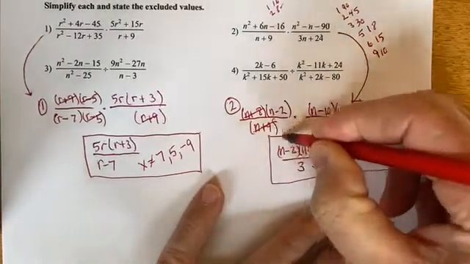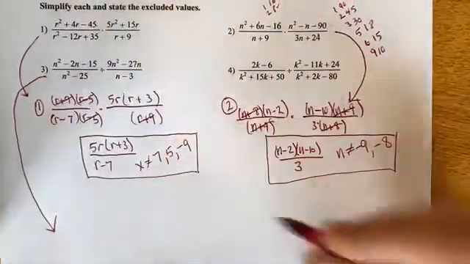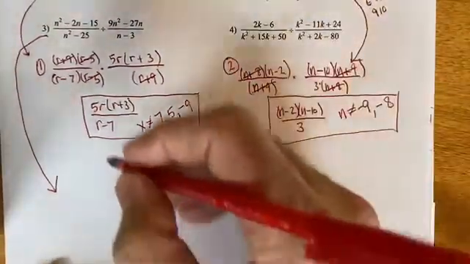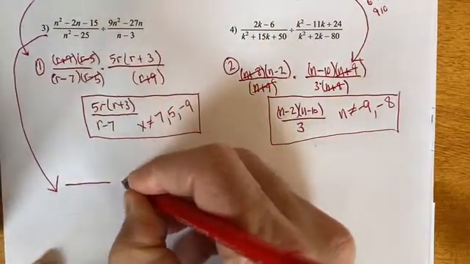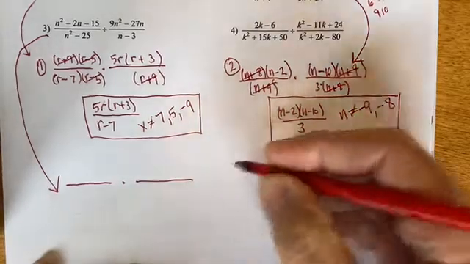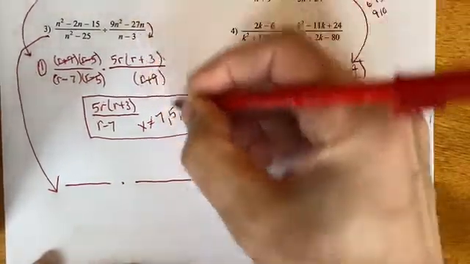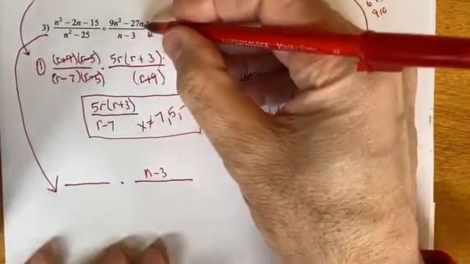Okay, let's do number 3, and I'll do it right there. We're dividing, so the second one, we have to flip. This one has to flip. So n minus 3 is what we're going to put on the top.